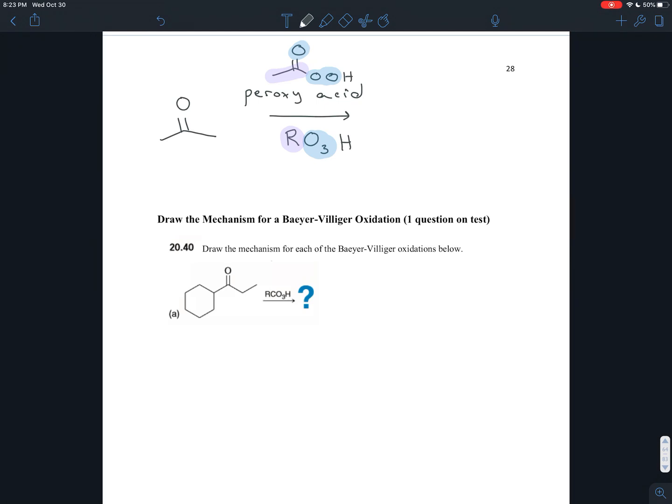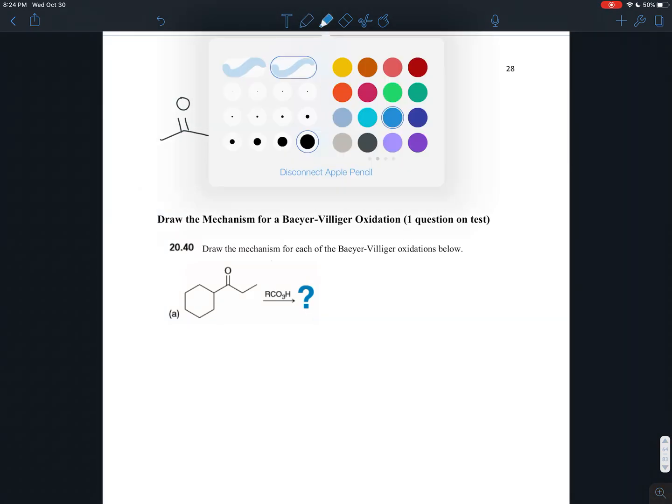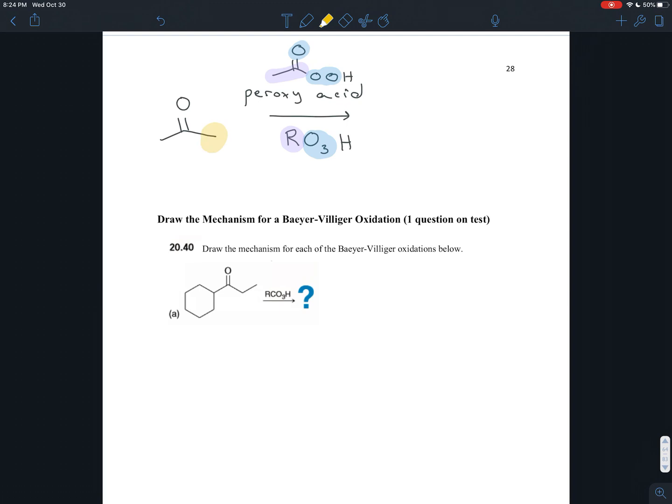We've seen these before. MCPBA was metachloroperoxybenzoic acid. We've used them to make epoxides from alkenes, for example. Now, in this case, they can also react with aldehydes and ketones, and what they end up doing is they take one of the carbons right next door to the ketone, and they stick an oxygen in between.